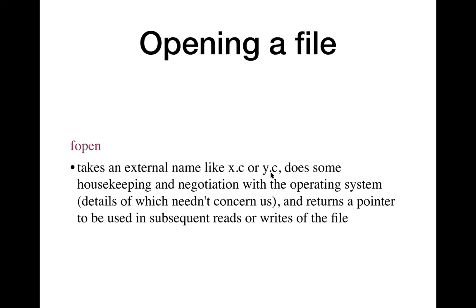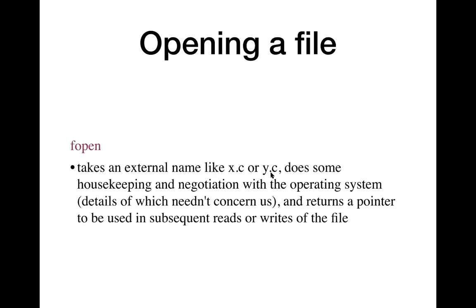So what happens? The operating system does some housekeeping and negotiation. This fopen will do all this housekeeping and negotiation with the operating system, which we are not worried about because it happens in the background, and it returns a pointer which can be used in the subsequent process. We have to open the file first, whether you want to read from a file or write something to the file.